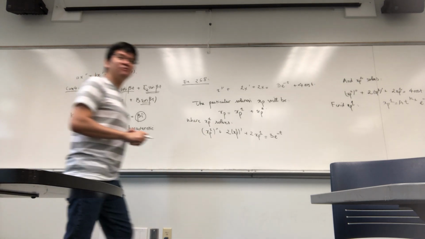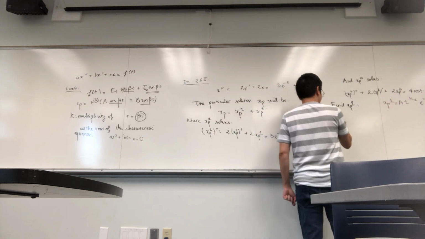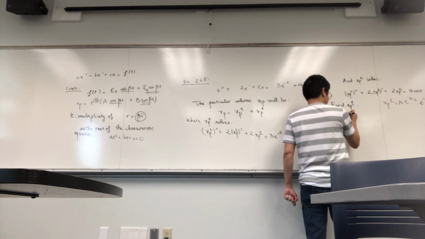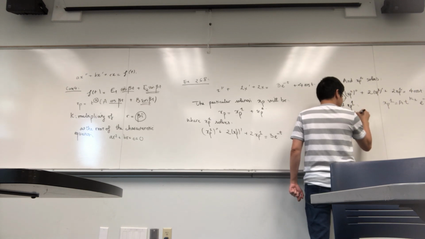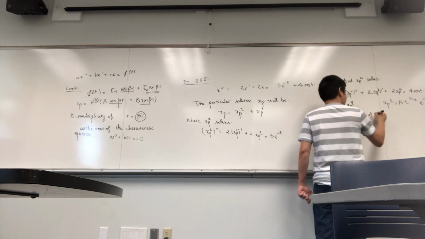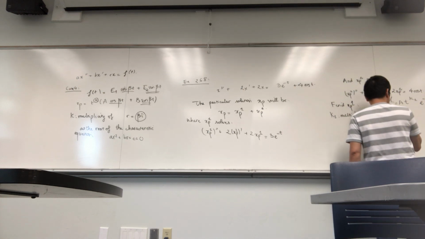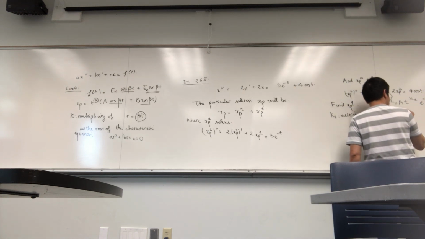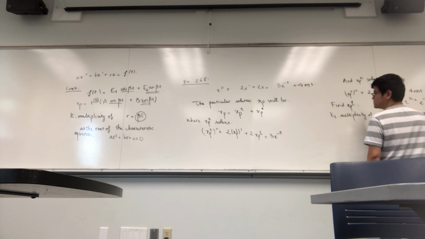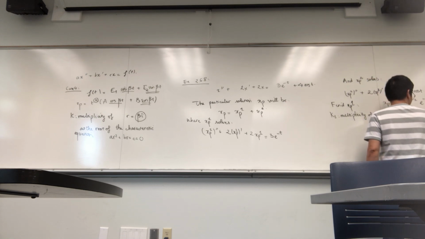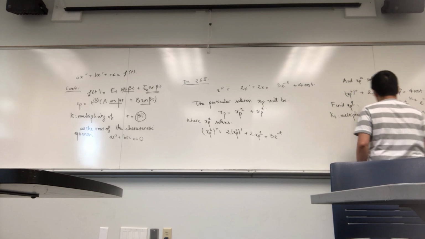So k1 will be the multiplicity of -1 as the root of the characteristic equation, which is r squared plus 2r plus 2 equals 0. All right?